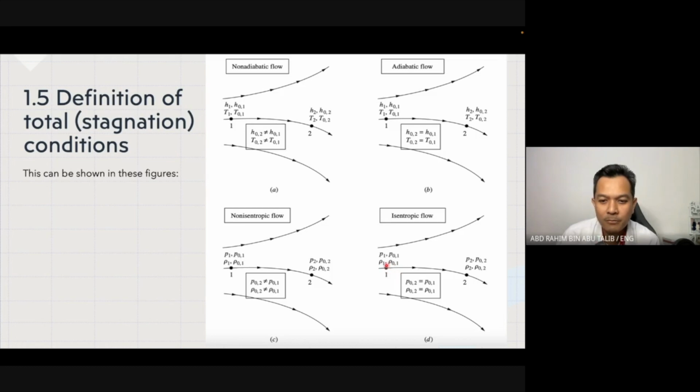When the flow goes from position 1 to 2, pressure and density are the same for isentropic flow, and for adiabatic flow the enthalpy and the temperature are the same. This does not happen in non-adiabatic flow and non-isentropic flow.